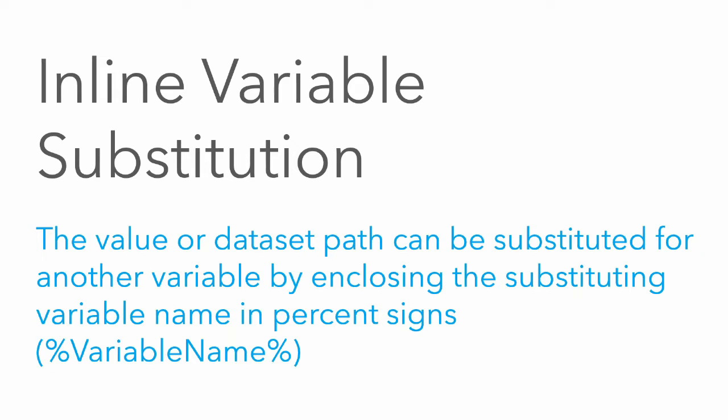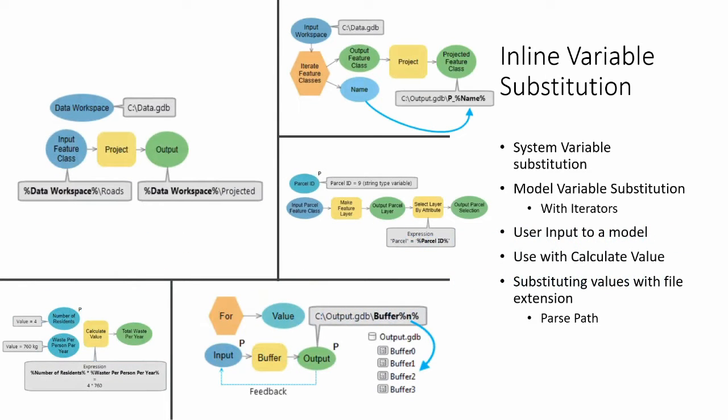So we mentioned inline variable, and that really is taking the value or dataset path of that variable and substituting it for another by enclosing the substituting variable name in percent signs. And that's called inline variable substitution. There are numerous ways to utilize inline variable substitution. One way is to use the workspace location and utilize that as an inline variable in a project tool's parameters, and you'll enclose the variable name in those percent symbols.